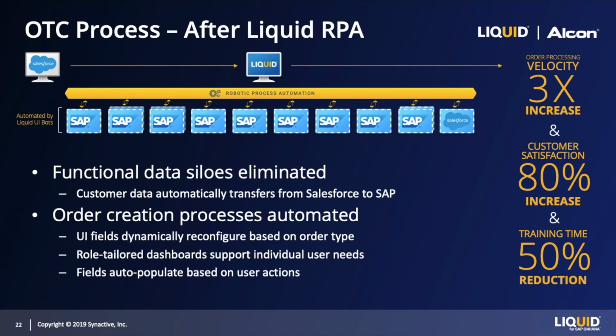And so if there are any processes that have a high degree of manual intervention, hands on the keyboard, working with redundant data sets, traversing a space of a number of systems, those are the types of things that Liquid UI RPA has the potential to engage and help you with. And would certainly welcome the opportunity for a follow-on discussion and to see ultimately if we can deliver similar or even greater benefit as we have with Alcon. Thank you, everybody.